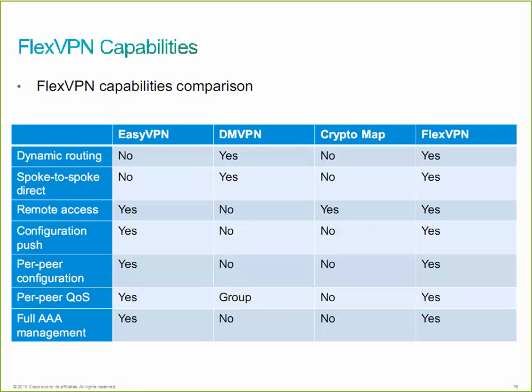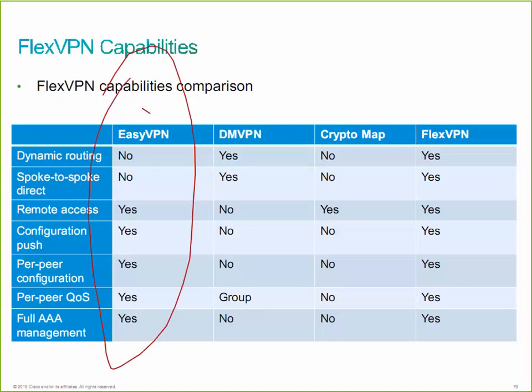One single FlexVPN deployment can accept connections of remote access or site-to-site at the same time. All right? We didn't talk about EasyVPN, but we see that in this case, EasyVPN is probably the least preferred method.